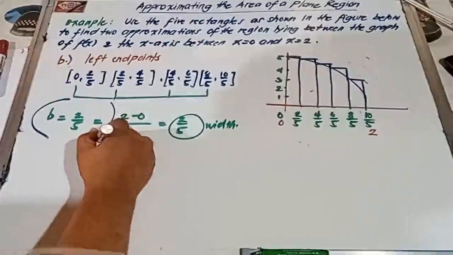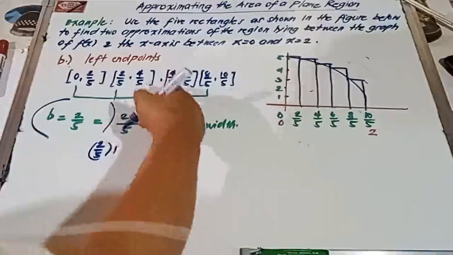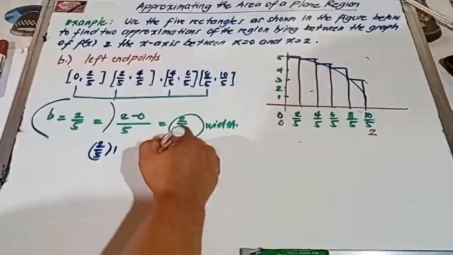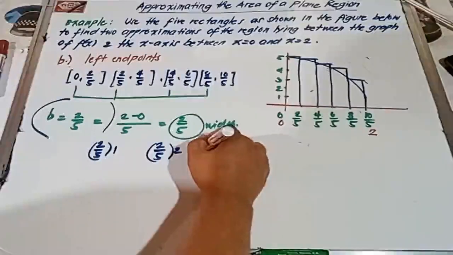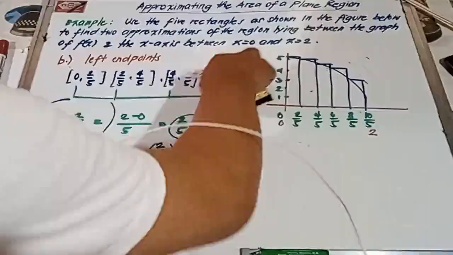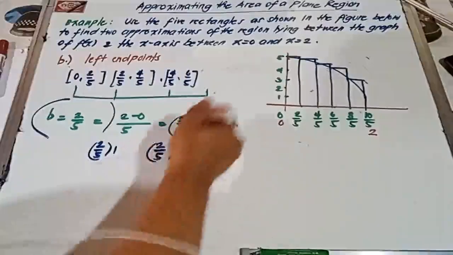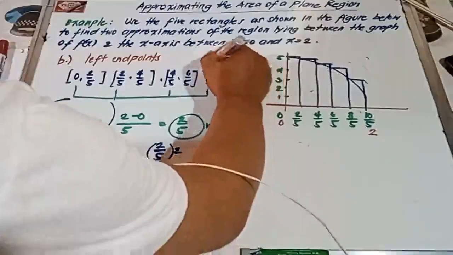Okay. So, this is 2 over 5 times 1. This one is 2 over 5 times 2. And the other one is 2 over 5 times, kulang ng isa, interval 6 over 5 to 8 over 5.